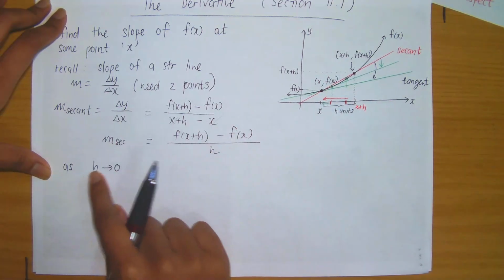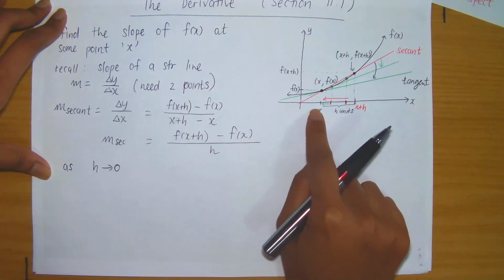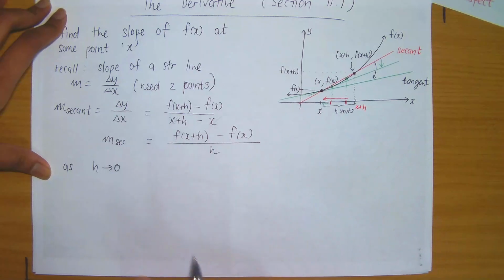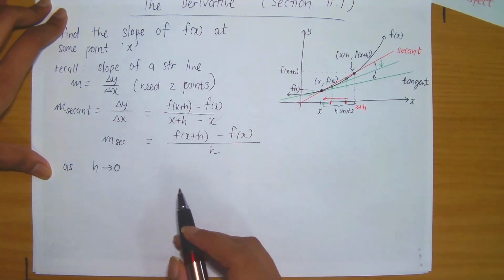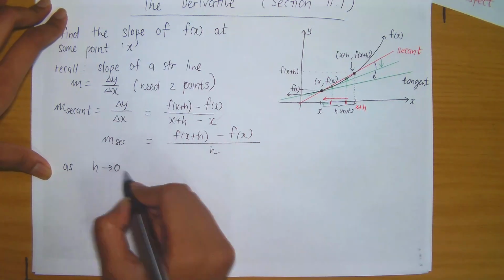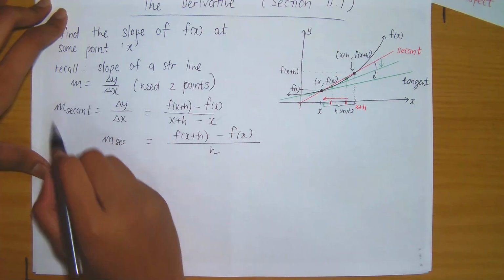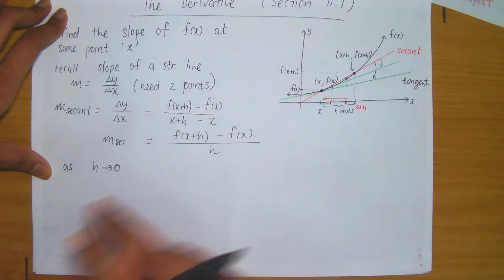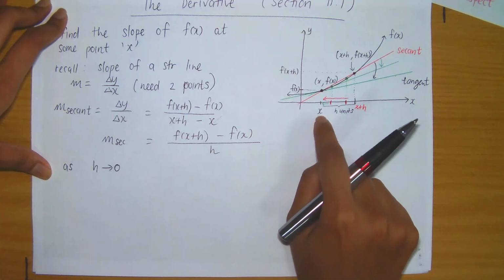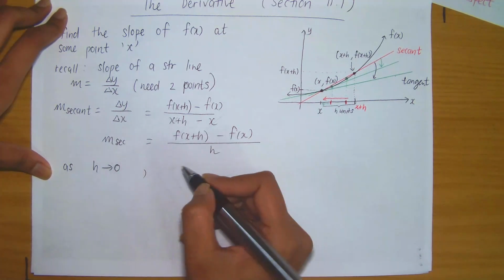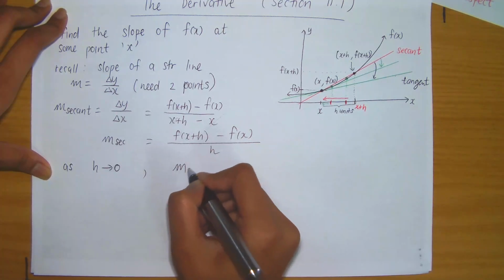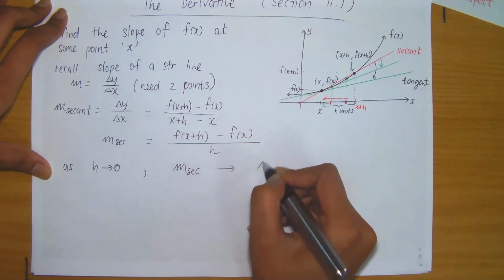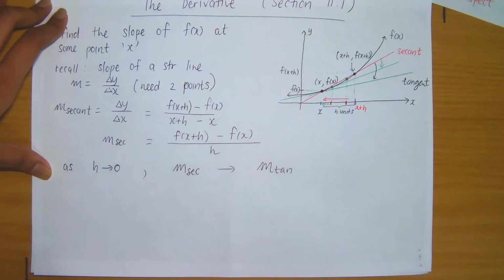So as h becomes sufficiently small, x plus h will eventually coincide with x. That is the idea that we are working with here. So when h tends towards 0, observe that the gradient of the secant now approaches the gradient of the tangent line at the coordinate x comma f of x. So we have that the gradient of the secant approaches the gradient of the tangent line.